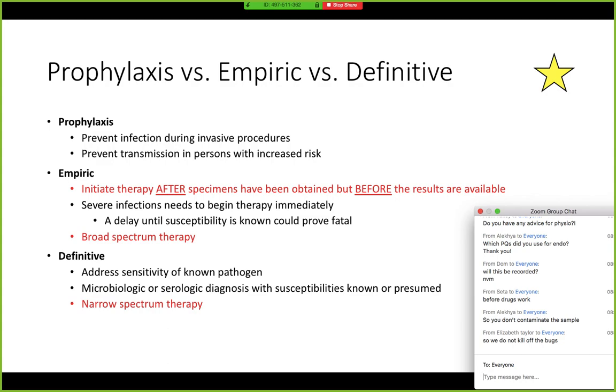So once the results come back, and you know what organism you're after, then you can start with your narrow spectrum therapy. So basically your order is going to be get your blood cultures, start empiric therapy, get your results back, and then start your definitive therapy.